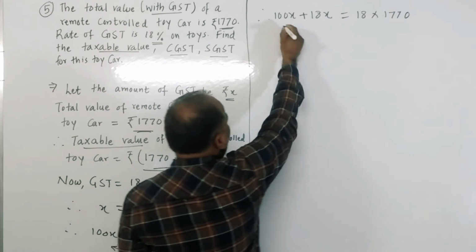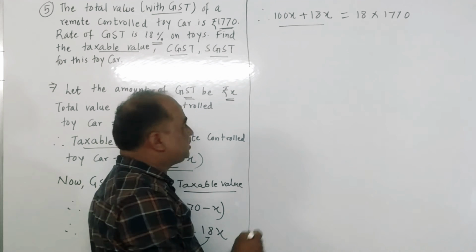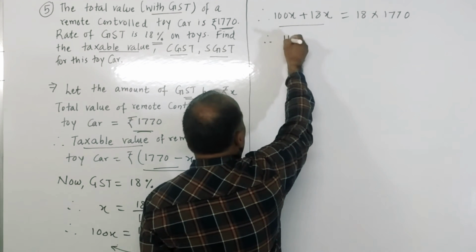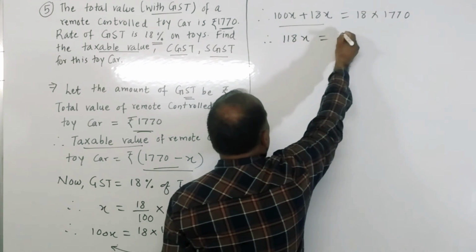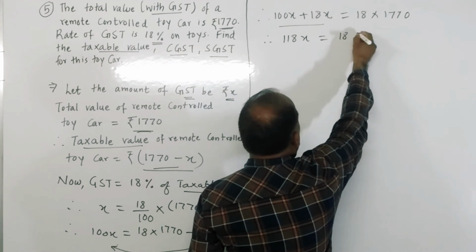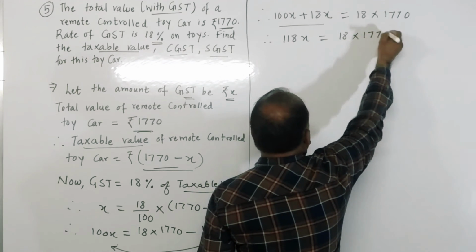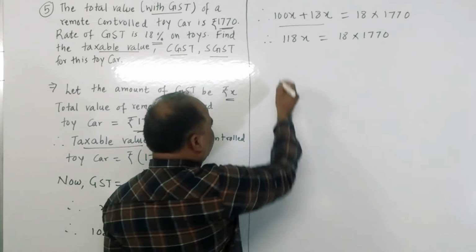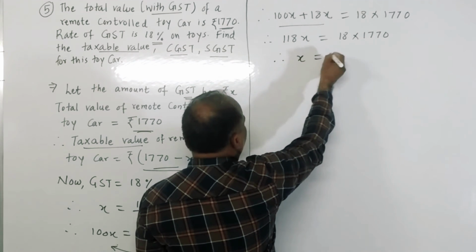Now 100X plus 18X is 118X, equal to 18 into 1770.